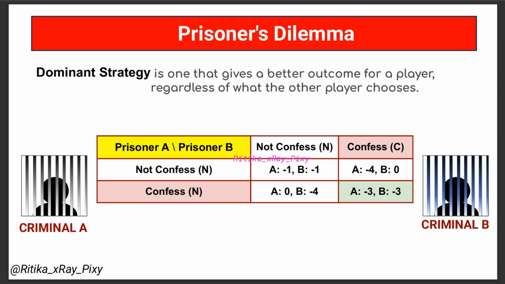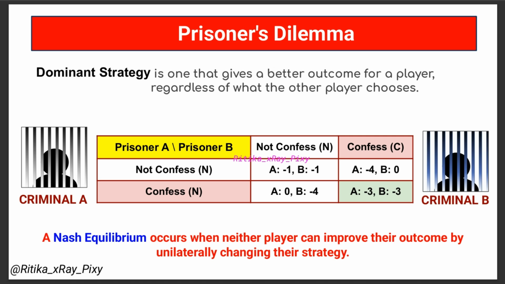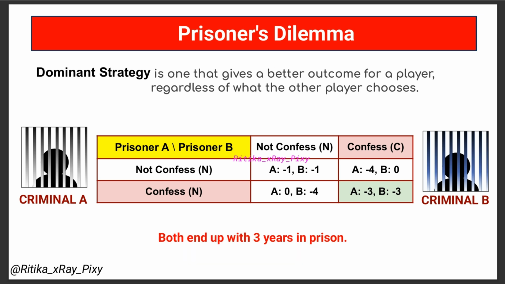Now Nash equilibrium occurs when neither player can improve their outcome by changing their strategy. So in this case, if both confess, that is the Nash equilibrium. If A confesses, then B's best response is to confess as well. And if B confesses, then A's best response is to confess too. If both confess, then both will end up with 3 years in prison.